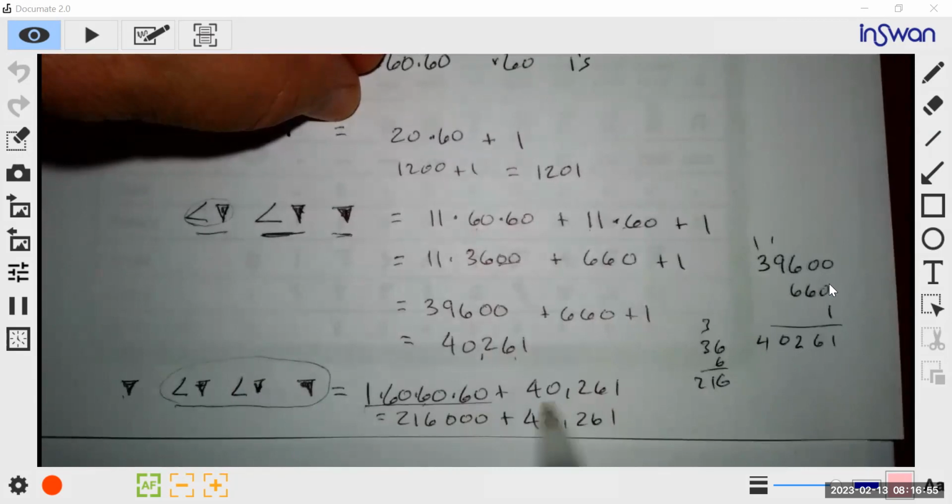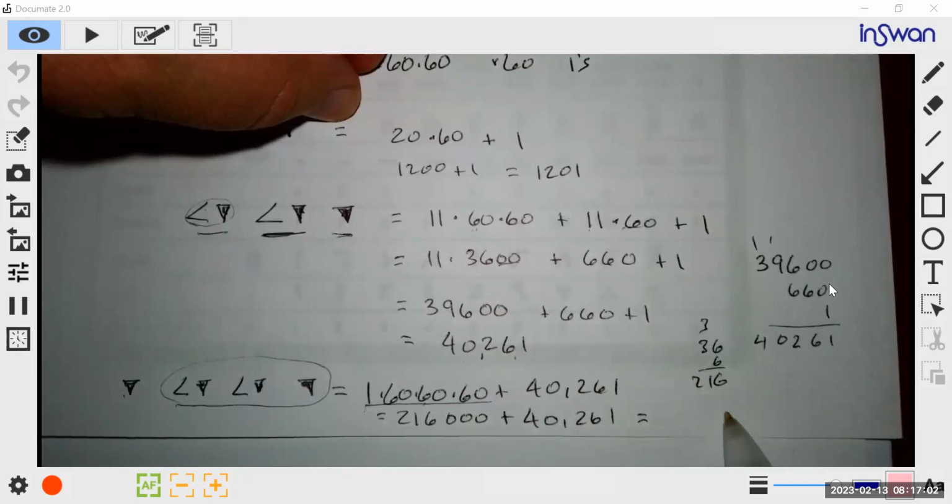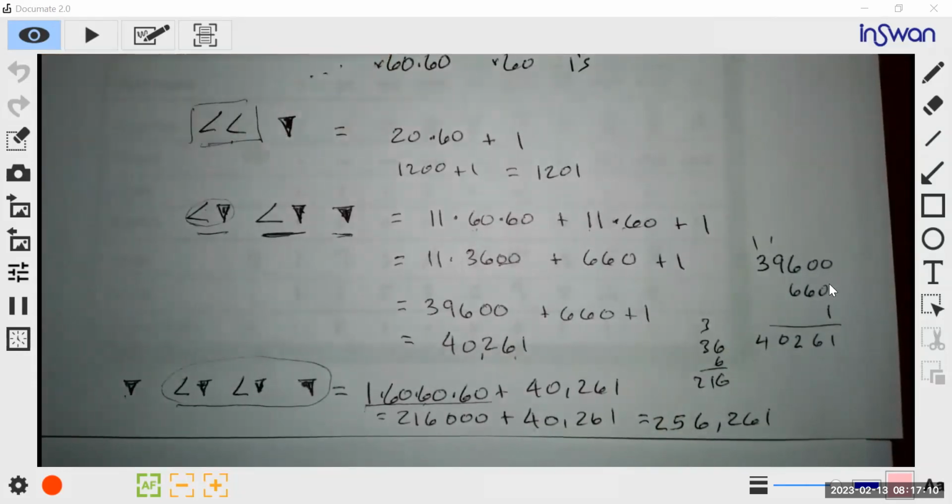And then these numbers is 4261. So the last numbers are going to be 261. 4 plus 1 is 5. I ran out of paper, so that's why I did it quick like that. That's at the bottom of the sheet.